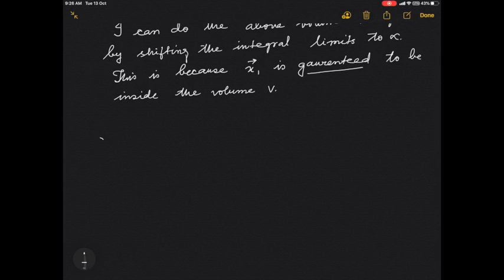But now I can also see these two integrals in a slightly different way. Just by doing some mathematical manipulations, I can write this in terms of two integrals.